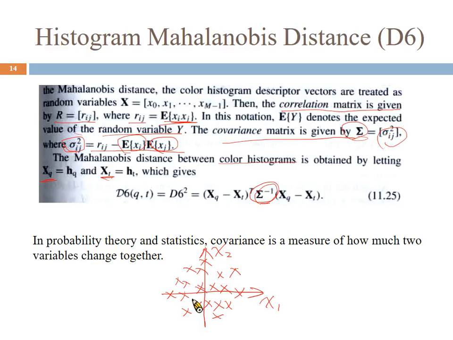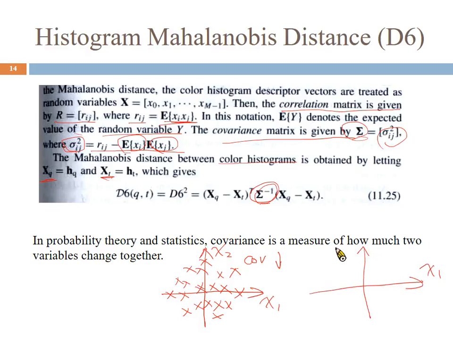That means when the x1 is very large, the x2 could be very large or very small. In this case, the covariance between x1 and x2 is small. And let's see another case.